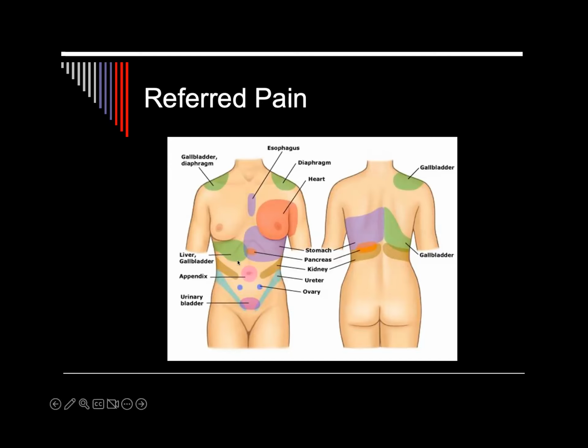For example, right upper quadrant pain radiating to the right shoulder is going to be problems related to the gallbladder or the liver, okay? But mainly it's going to be related to the gallbladder. Appendix problem: usually it starts periumbilical and then goes more specifically to the lower quadrant, okay?